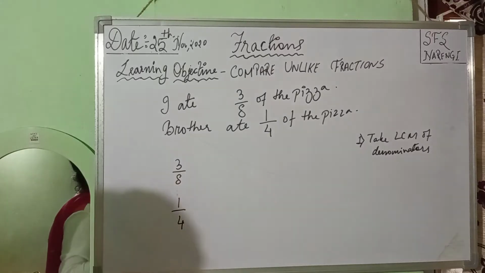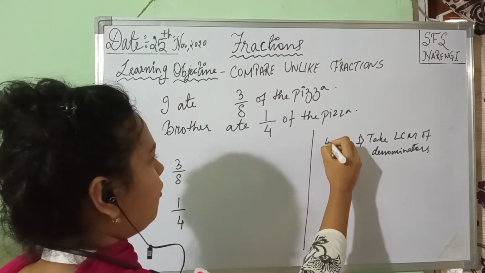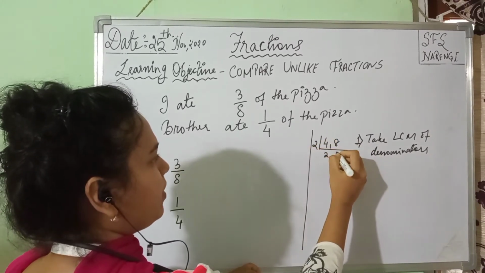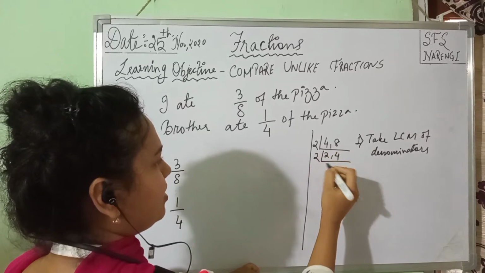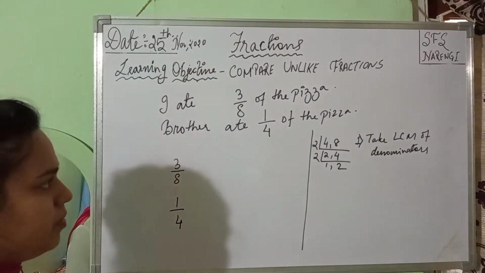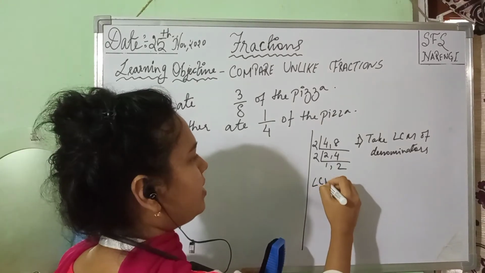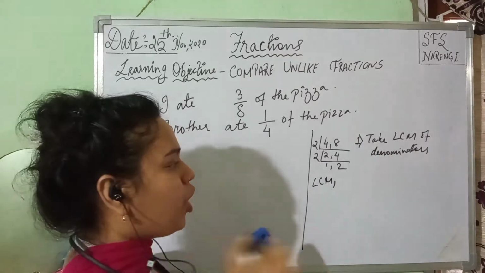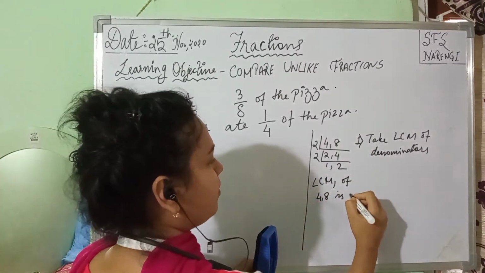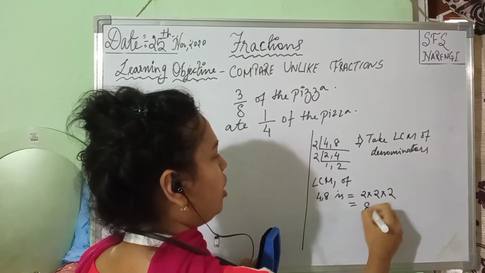So what are the denominators? The denominators are 4 and 8. Do a prime factorization. You can say that the LCM of 4 and 8 is 2 multiplied by 2 multiplied by 2, that is your 8.